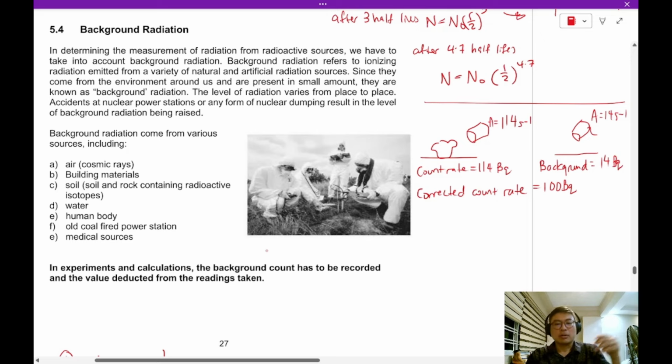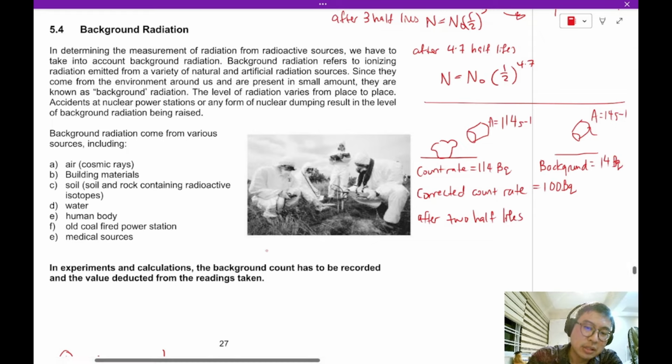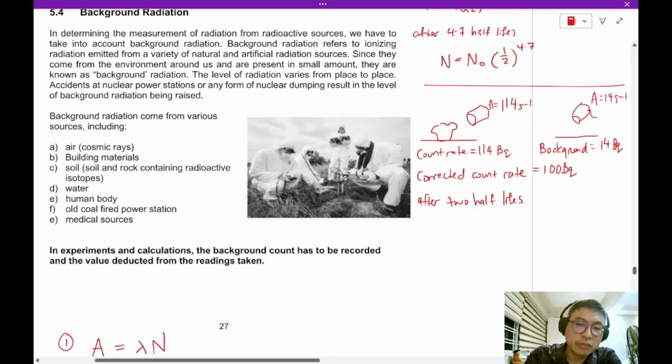All right. Now, let's see what happens after two half-lives have passed. What will the detector detect? After two half-lives have passed, the corrected count rate, which is the actual activity level of the rock, will be 25 becquerels. But this is what the sensor will read: the sensor will read the count rate.